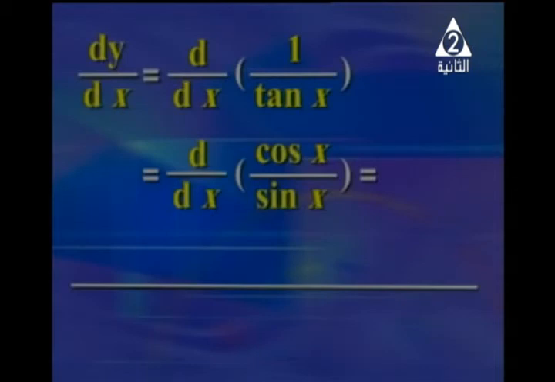We find sin^2 x by applying the rule of division of cosine over sine. The answer is negative 1 over sin^2 x. What is the multiplicative inverse of sin x? Excellent student, the multiplicative inverse of sine is cosec. So the differentiation of cot x is negative cosec^2 x.